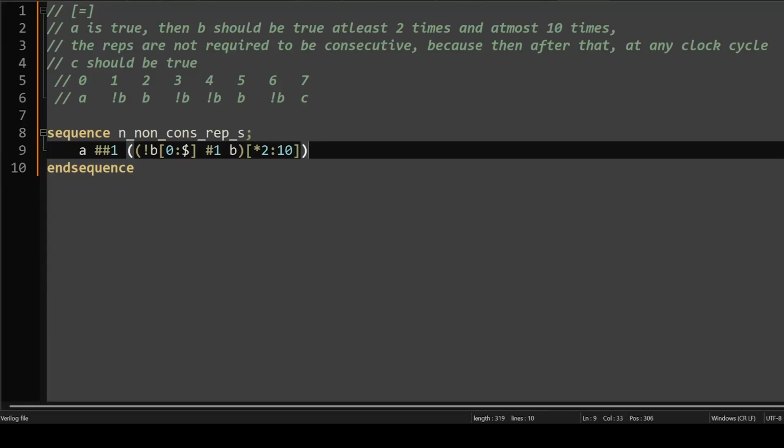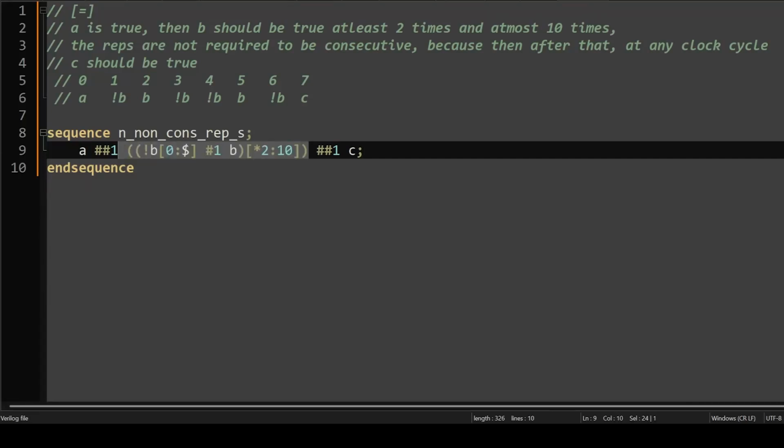Right after this, what we did in our previous video, we just write that C should be true. But here it is not true that C could be true at any clock cycle later when this pattern is detected.